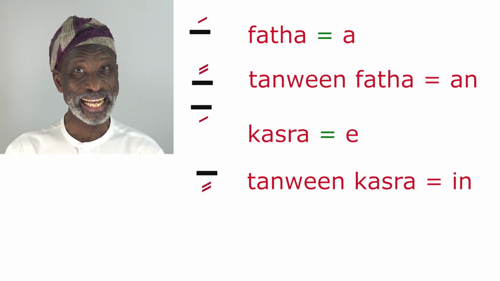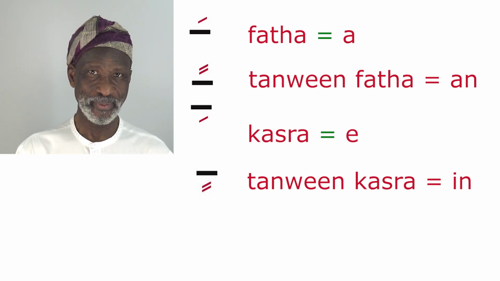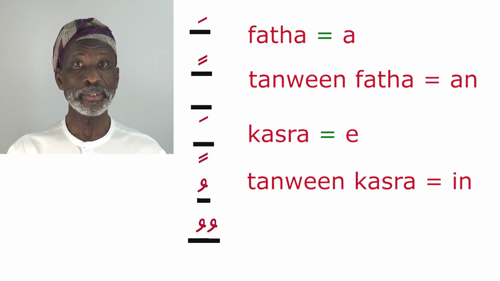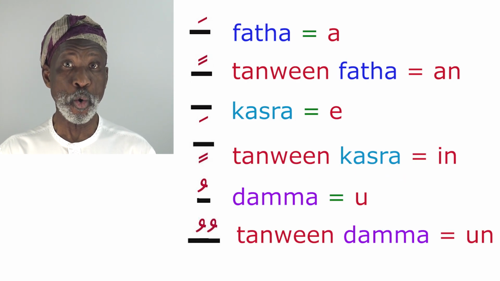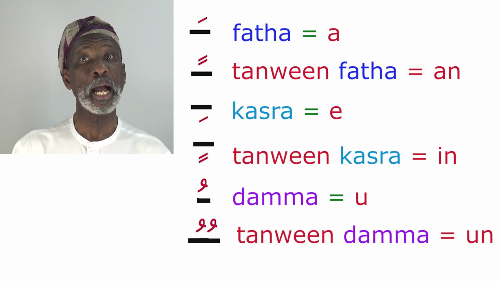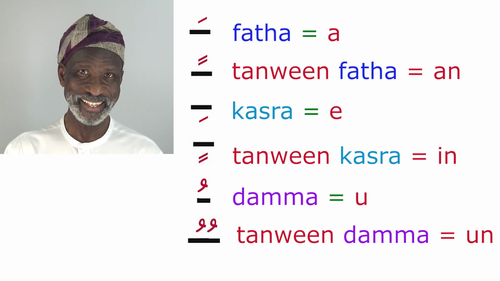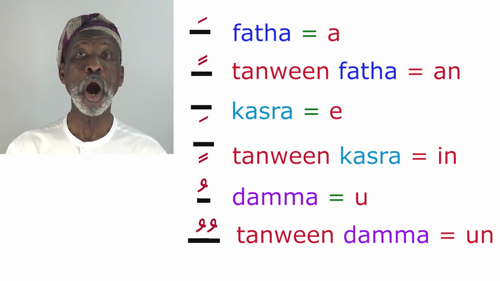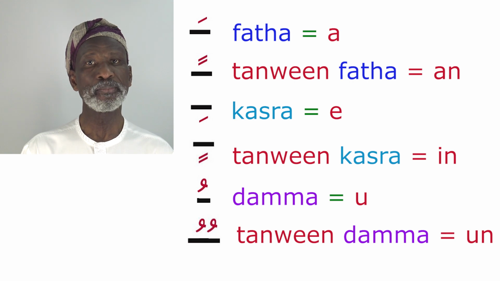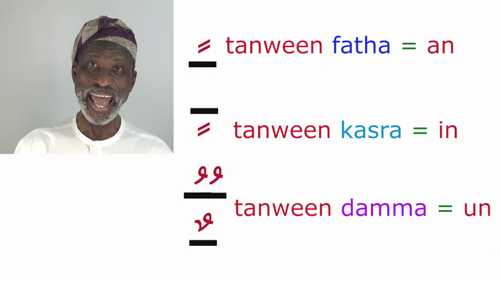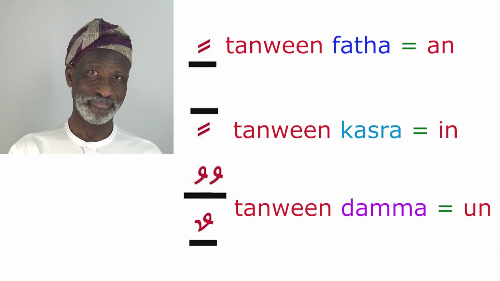So Tenween kesra, in. The third vowel is the u sound, damma. If you double that, it becomes un. Tenween damma, un. So an, in, un.